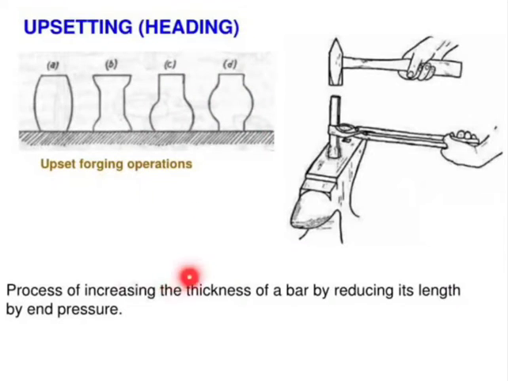Upsetting is the process of increasing the thickness of the bar by reducing its length by end pressure. Here is the anvil, the tongs are held, and the hammering is done so that the length is reduced and the thickness, that is the diameter, goes on increasing. We observe here the bulging at the end.